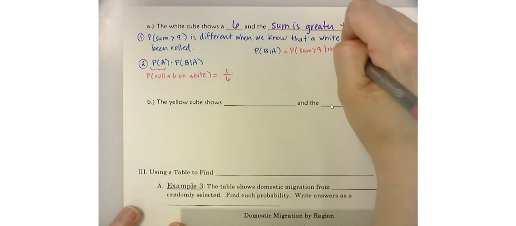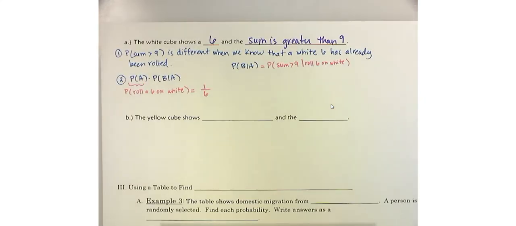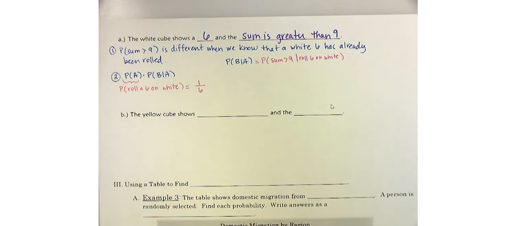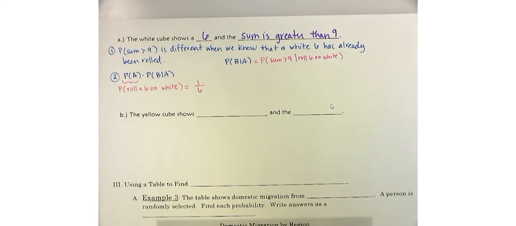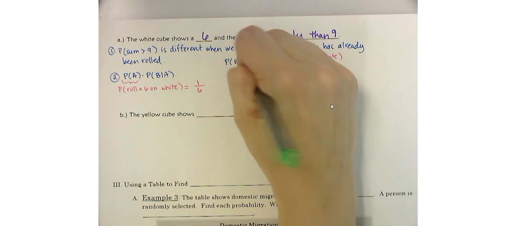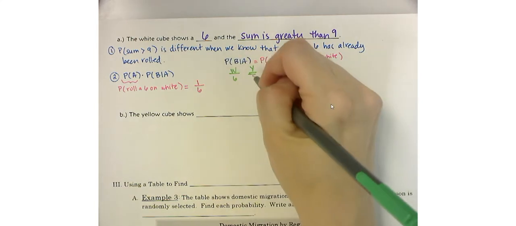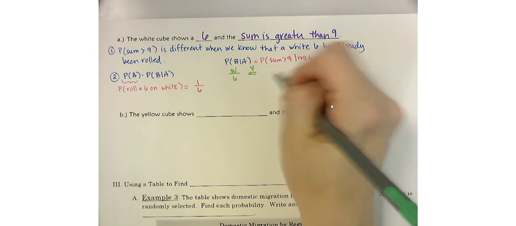So on the yellow cube, if we want a sum that's greater than 9, what could I roll? It says greater than 9, so not greater than or equal to. So the lowest number you could roll and still be greater than 9 would be what? 4. If you roll a 4, that would be a sum of 10. If you rolled a 5, 11. If you rolled a 6, 12. So I have 3 choices on yellow out of how many possible? 6. So it would be 1/2.